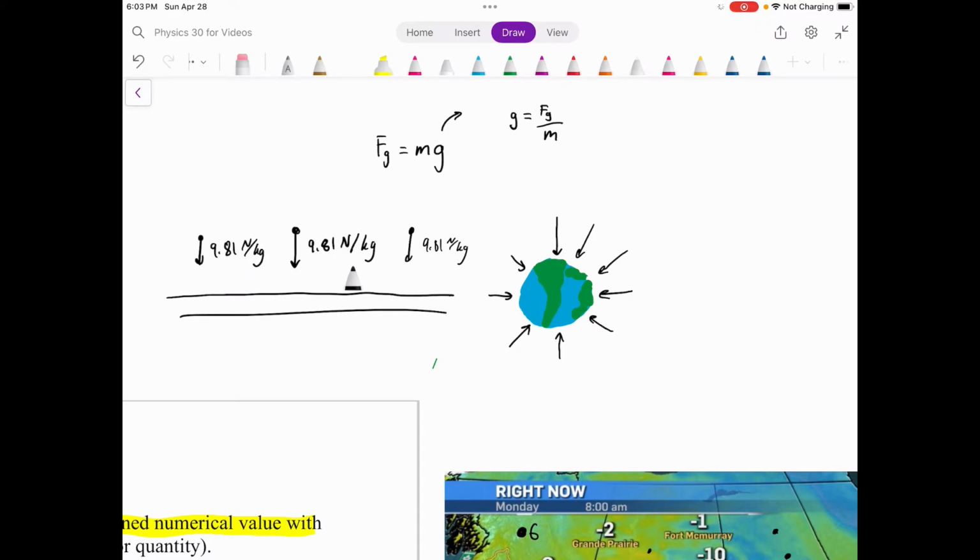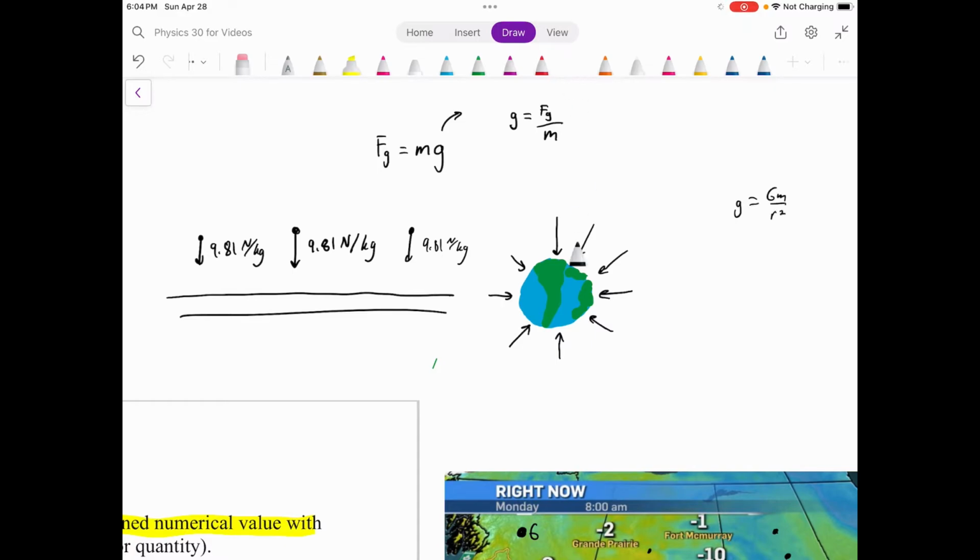In this case, the quantity is the gravitational force that you would feel for every kilogram of mass that you have because of the Earth's gravitational influence. Now again, you know from Physics 20 that it's not 9.81 way up here, right? It gets weaker as we get further from the Earth, according to this equation here, right?